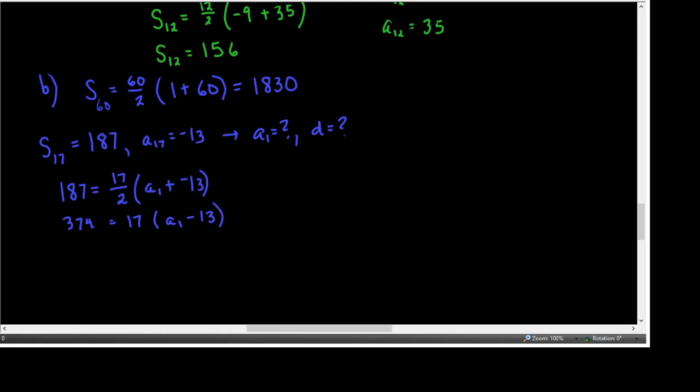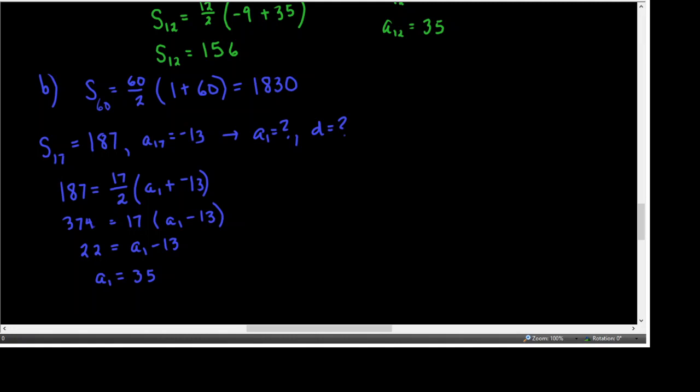Then divide both sides by 17. That gives me 22 equals a sub 1 minus 13. Then adding 13 to both sides gets me a sub 1 equals 35. That's the first half of that problem.